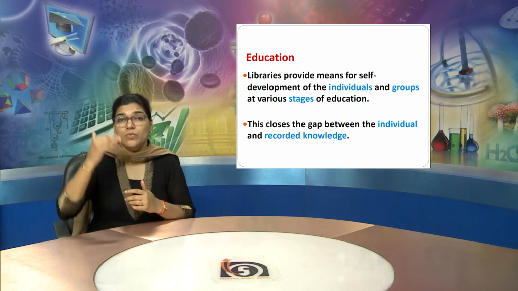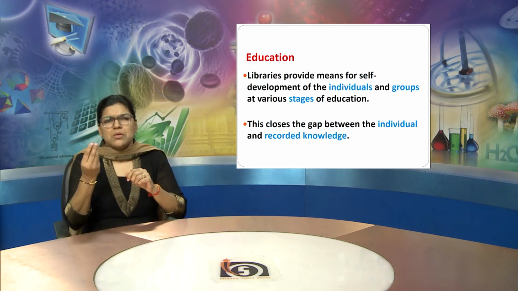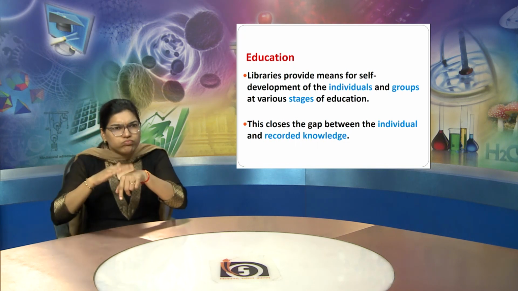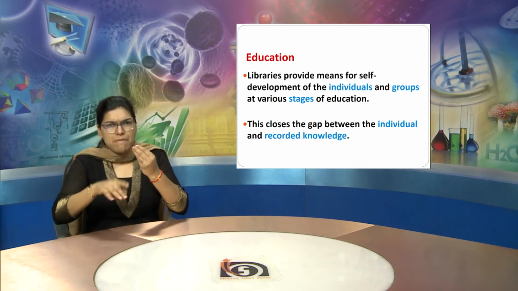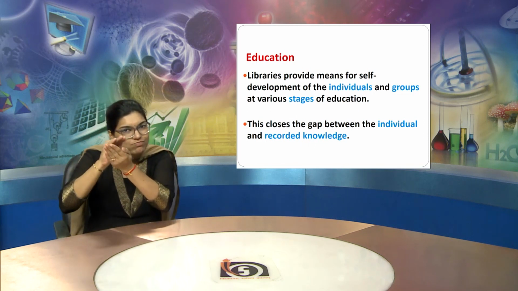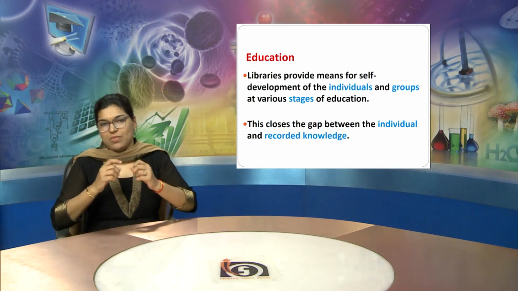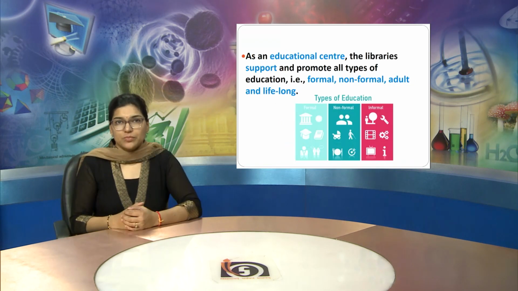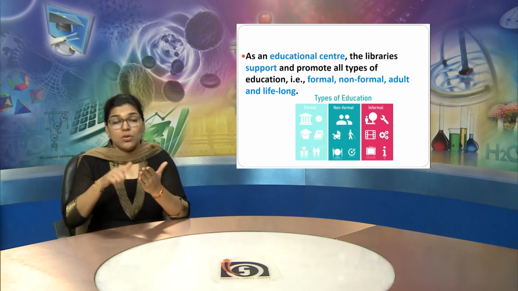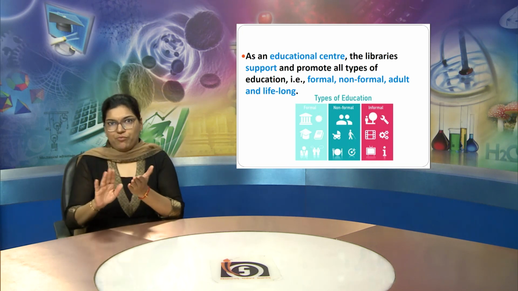So education plays a very important role, we know, and the second point is connected with this first point, as the education closes the gap between the individual and the recorded knowledge. You can see on the screen, this point comes under education as a function of library.